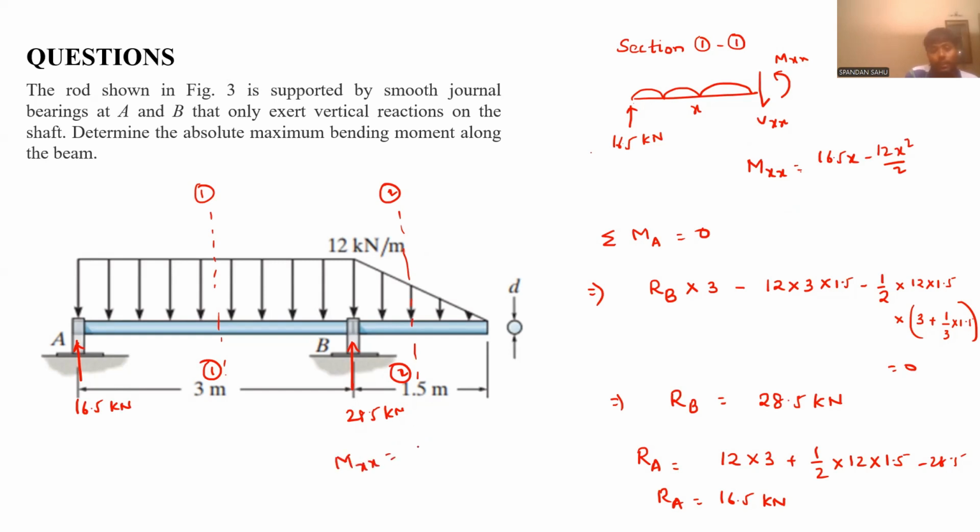Similarly, when we take section 2-2, I am writing what will be the MXX directly. 16.5x minus 12 into 3 into x minus 1.5 minus, now you check at 1.5 meter the height is 12.